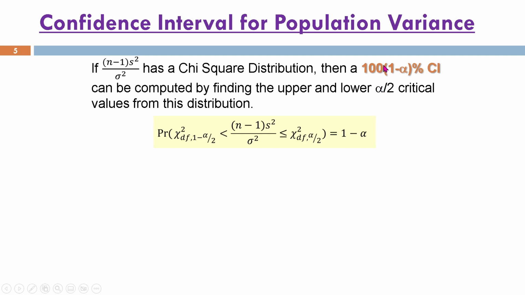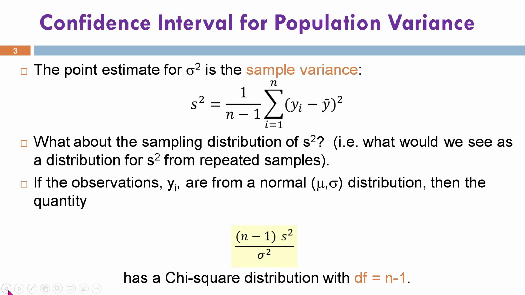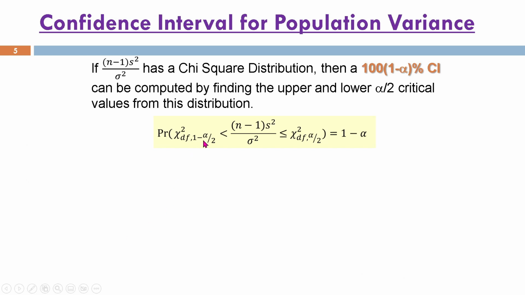So to find the 100 times 1 minus alpha percent confidence interval, we find the upper and lower alpha over 2 critical values from this distribution. The confidence interval 1 minus alpha is the probability for our population variance, depending on the chi-squared distribution with degree of freedom n minus 1, between 1 minus alpha over 2 and alpha over 2.